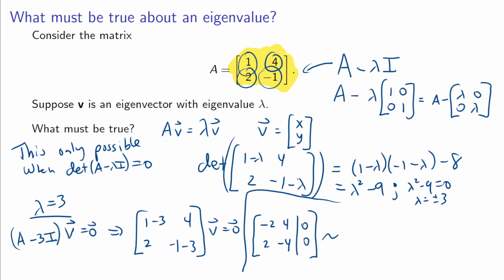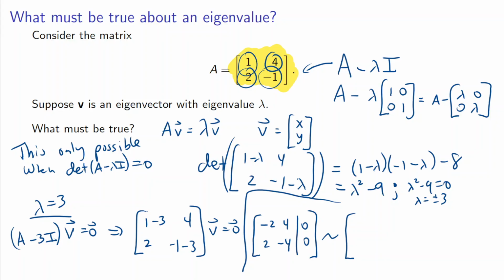And that's hopefully not too much of a surprise because we were looking for a lambda value where the determinant of A minus lambda I was 0. Therefore, we sort of knew that if we plug in a lambda value such that the determinant was 0, these two rows would have to be scalar multiples of each other when we have a 2 by 2 matrix like this.